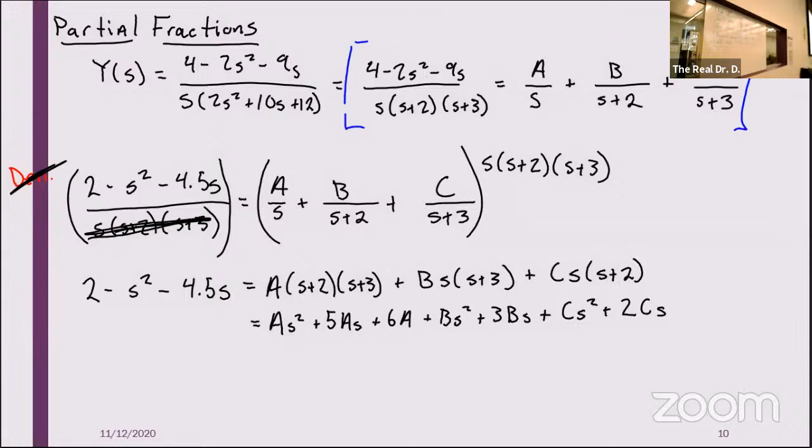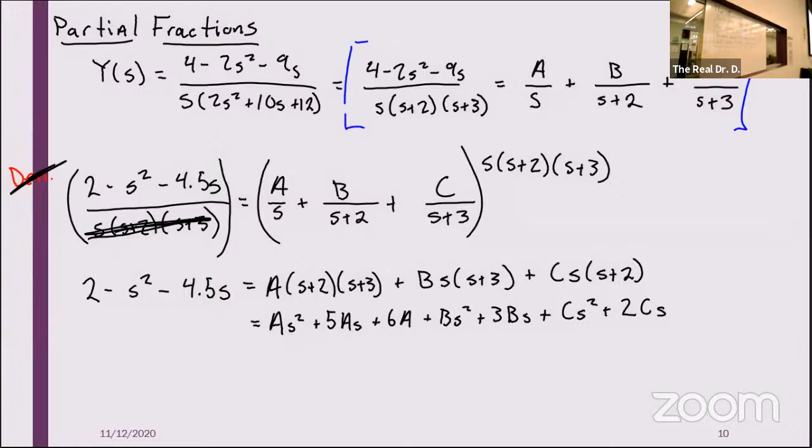We'll add two just in case. All right, so what did we have?